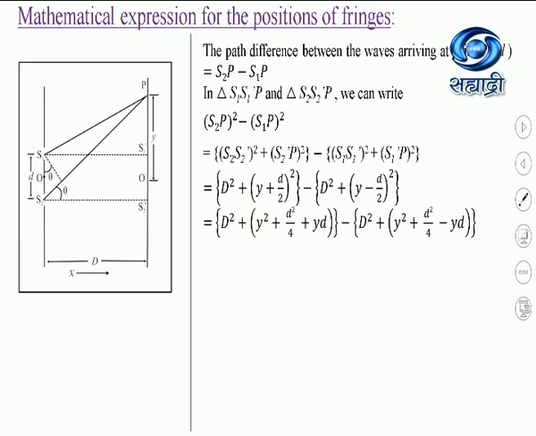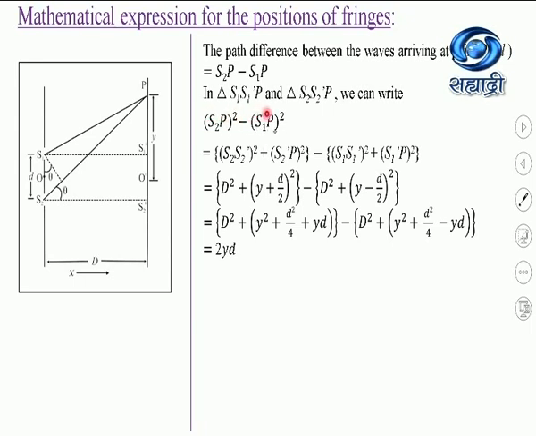Again plus Y square minus Y square get cancelled, plus D square by 4 minus D square by 4 gets cancelled, and from the first bracket we get YD. From the second bracket it is minus of minus YD, which is plus YD. So YD plus YD is equal to 2Y into D.